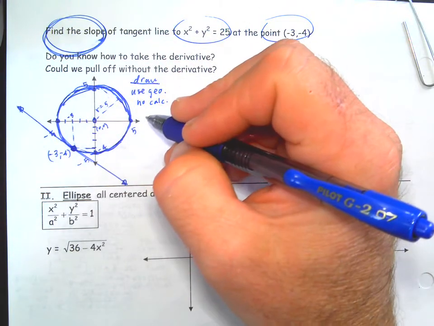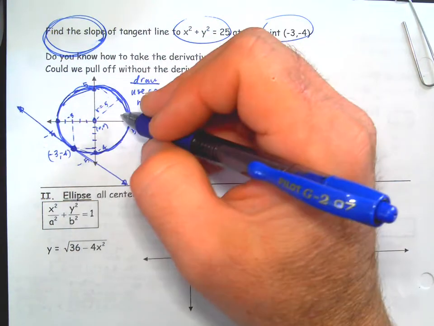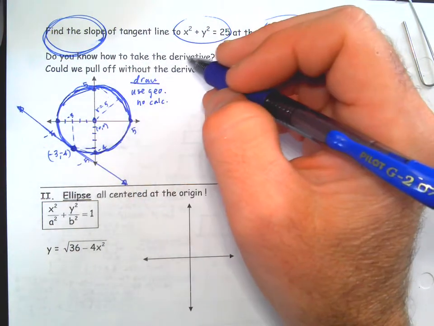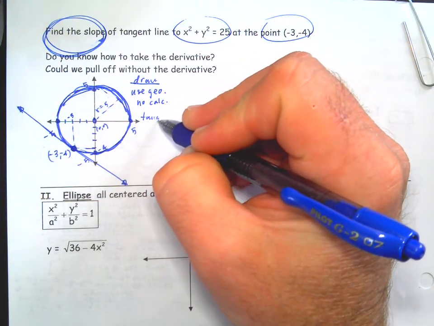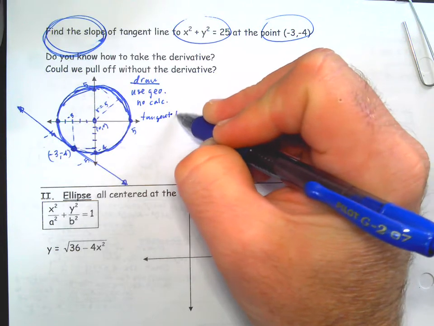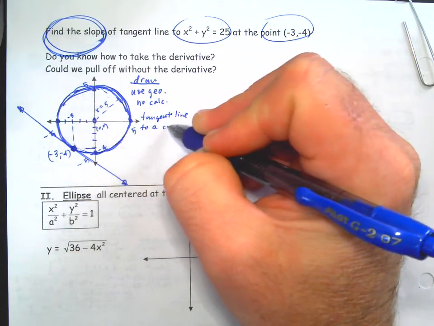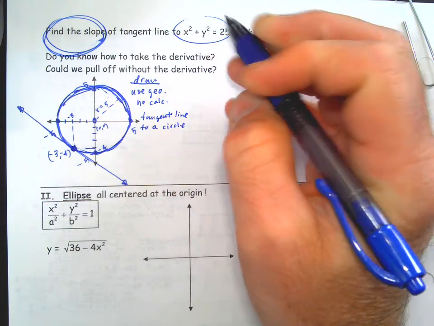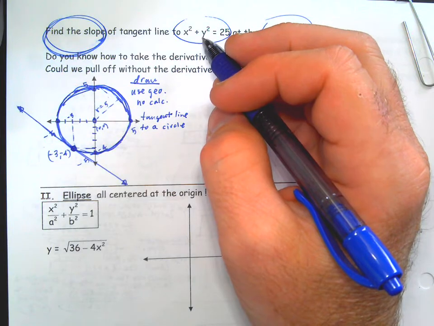Now, there's this key thing that you learned in geometry about circles and tangent lines. You learned all kinds of stuff about circles. There's a special thing about a tangent line to a circle, something that's always true about it. Can you remember?